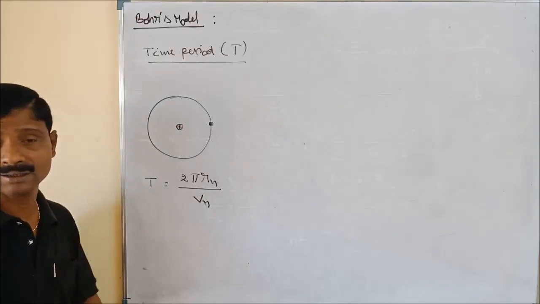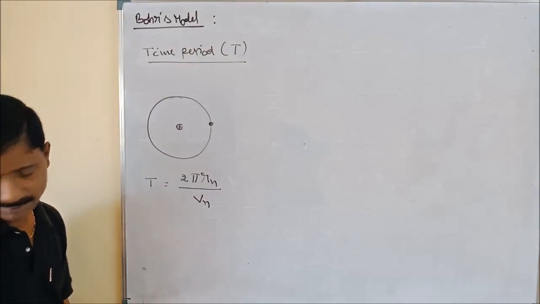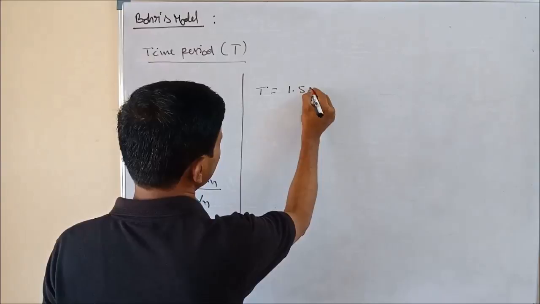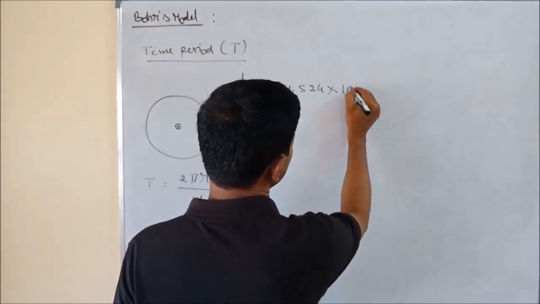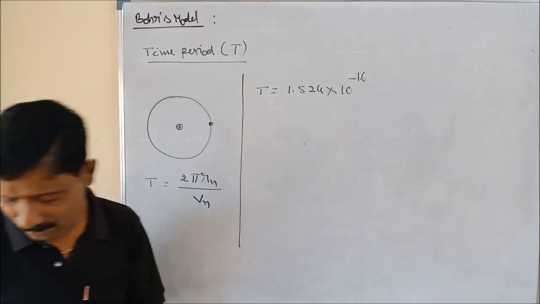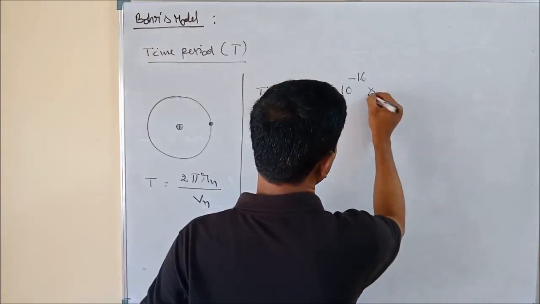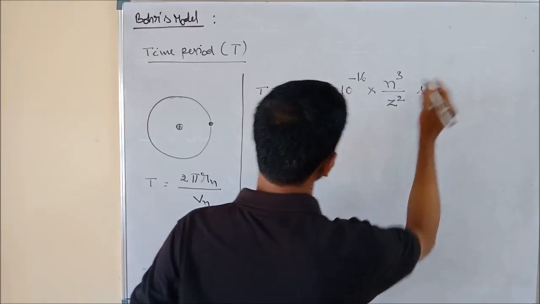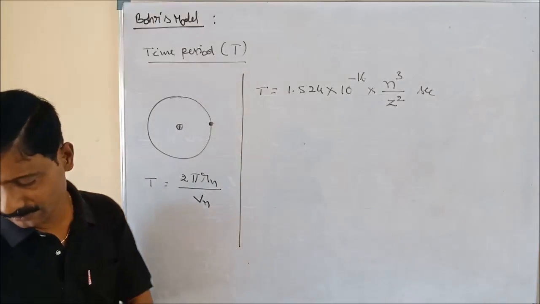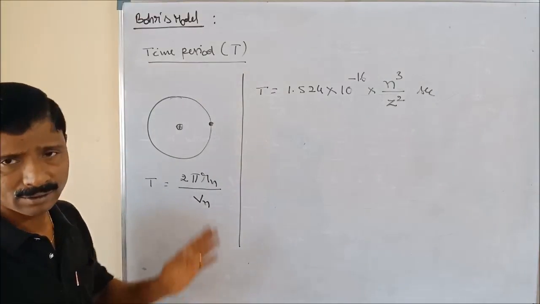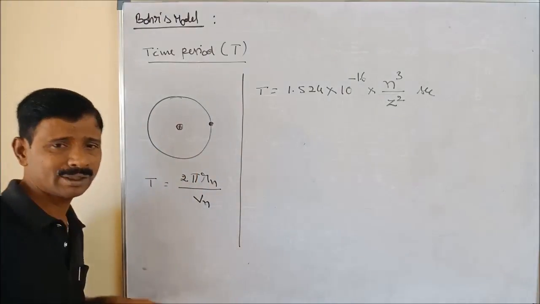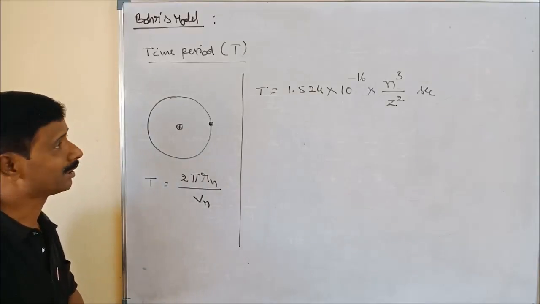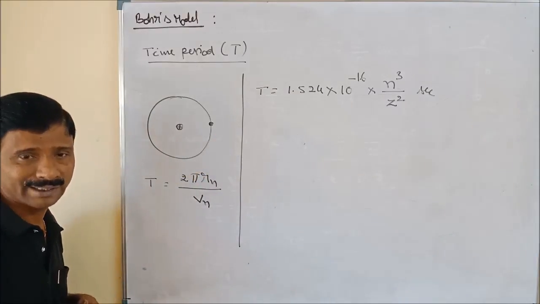But if you simplify all the values, finally the time period T equals 1.524 into 10 power minus 16 into n cube by z square seconds. That is the direct formula to find the time period for one complete revolution in a particular orbit, where n is the number of the orbit and z is the atomic number.